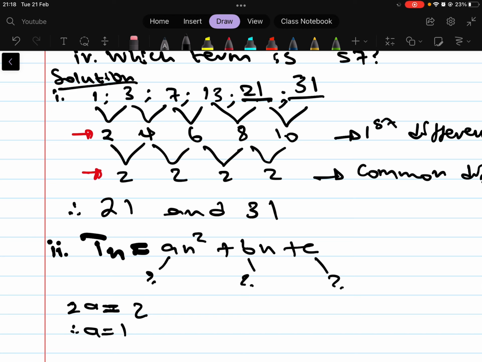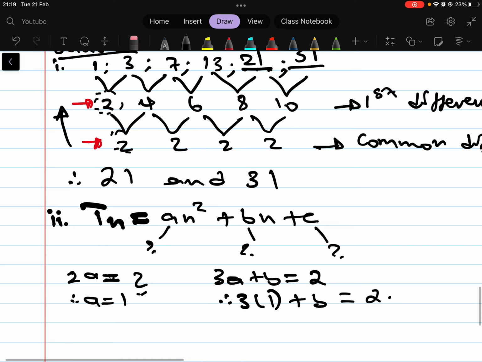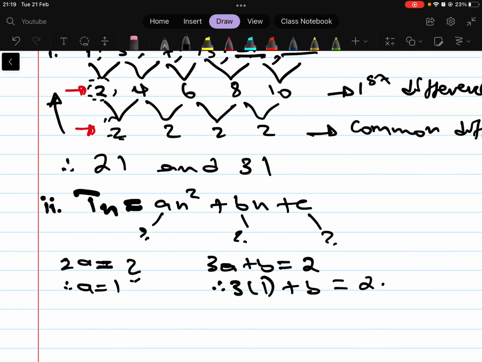And then we work in this direction, going upwards like that. So 3a plus b, if you remember from the table that I've given you, is equal to the first term of the first difference, which is 2 in this case. This 2 is the one that I used here. The other 2 is the one that I'm using now. Assuming you understand, let's proceed. If you don't understand, you ask, then we try to clarify things for you, of course.